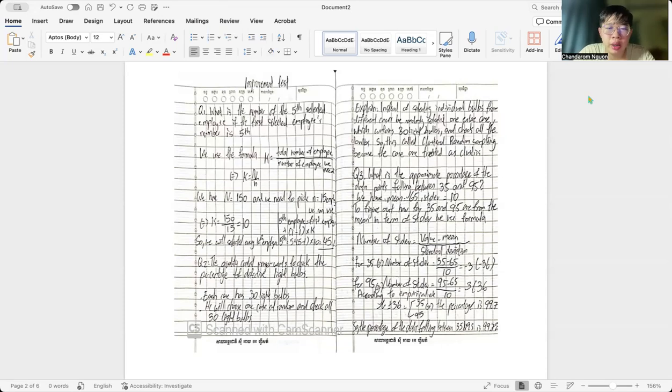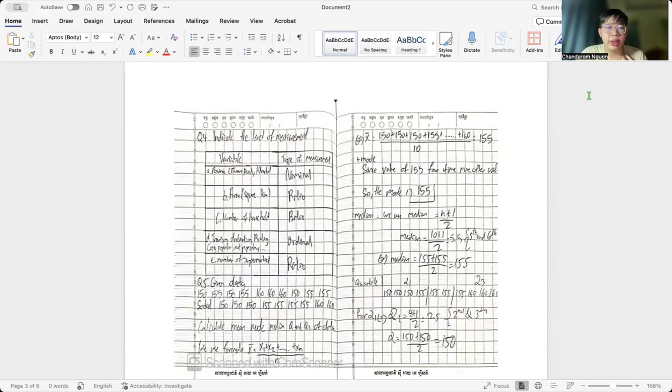According to the empirical rule for normal distribution, 99.7% of the data lies within 3 standard deviations of the mean. Since the range of 35 to 95 spans exactly 3 standard deviations on both sides, this range includes 99.7% of the data. Therefore, the correct answer is A, 99.7% of data.